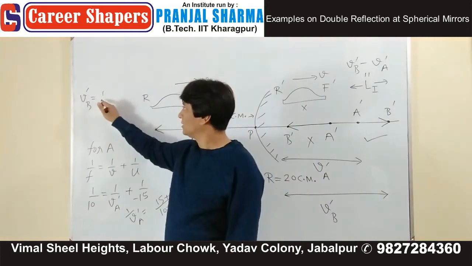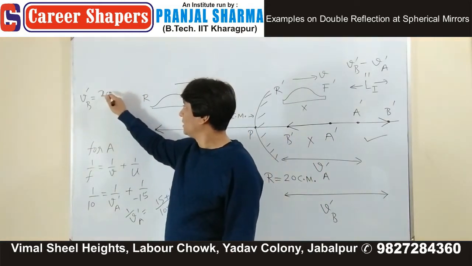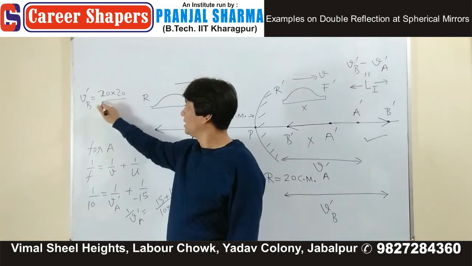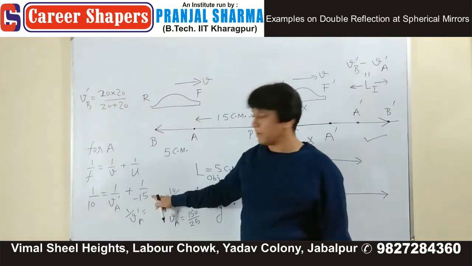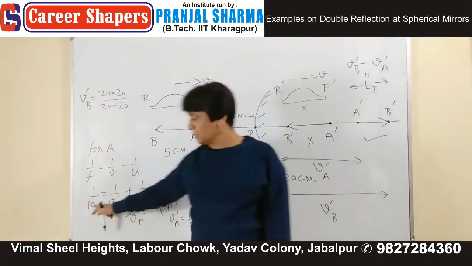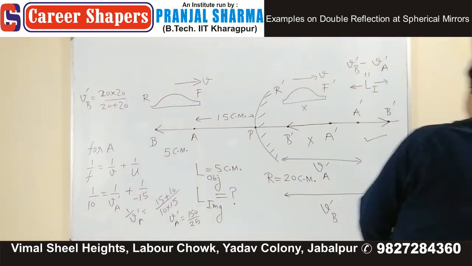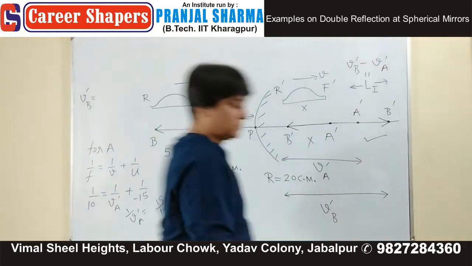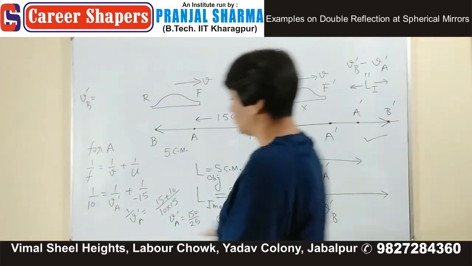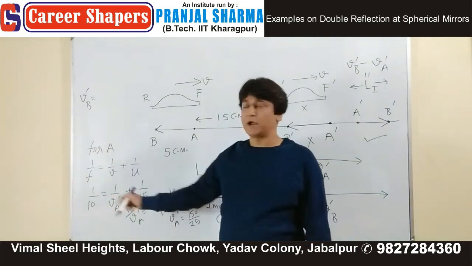You get 20 multiplied by 20 upon 20 plus 20. This will be 1 by 20. This is 10. This is 1 by 10 plus 1 by 20.